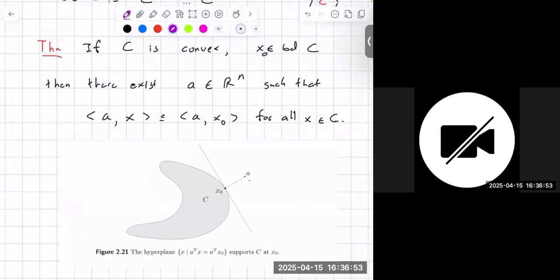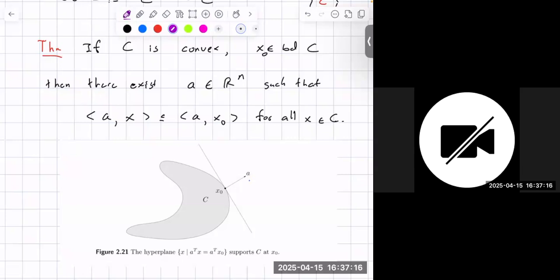Now, what's next? If you have a point literally on the boundary of your convex shape, okay, you can find a hyperplane touching your convex shape exactly there, and everybody in your convex shape will be on one side of that hyperplane, okay? This is called the supporting hyperplane.